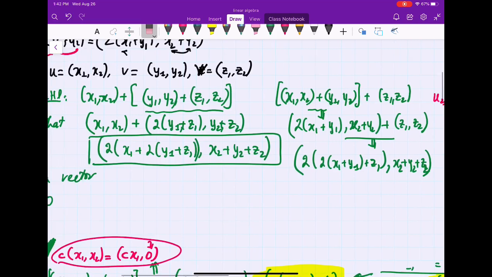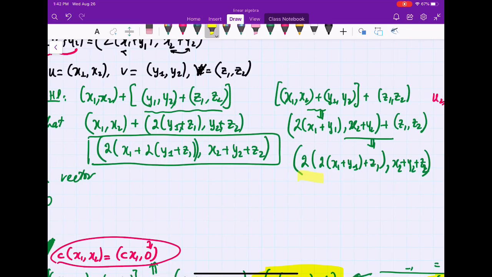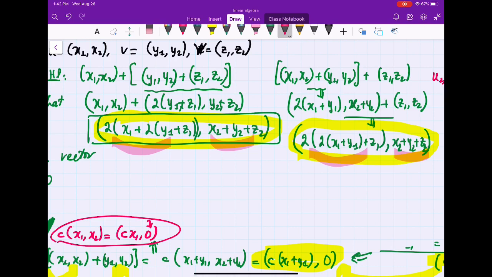Now we just need to compare this guy with this guy. The second coordinates are the same, which is good, but the first coordinates are different. Look at this. On one side I have 2 x1 plus 2 y1 plus z1.